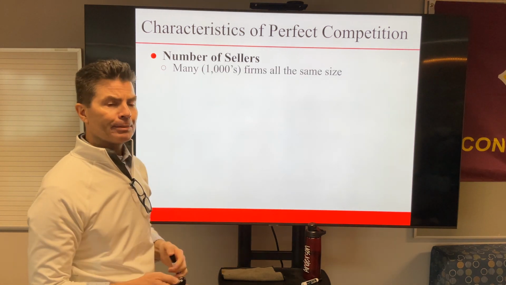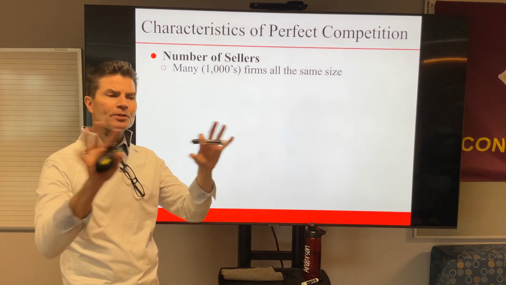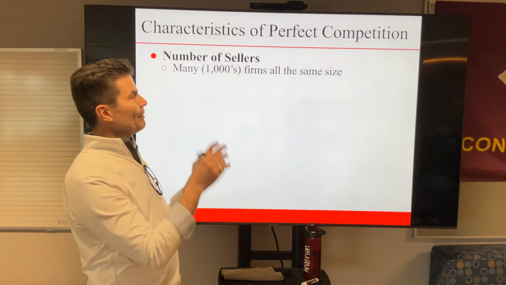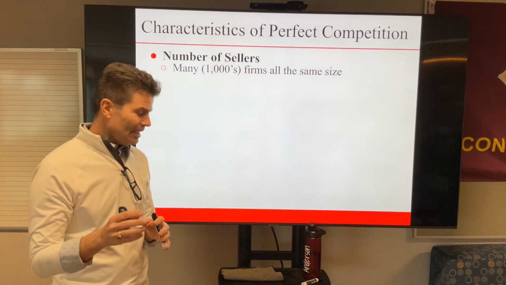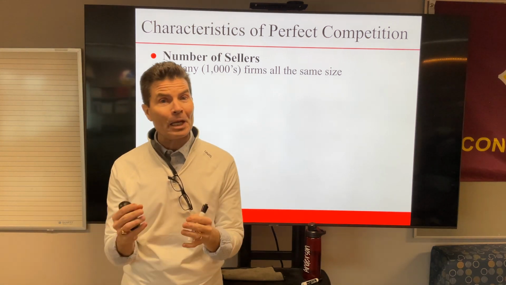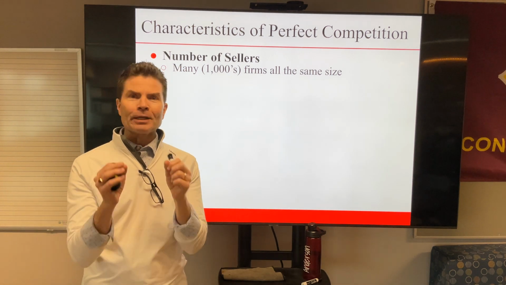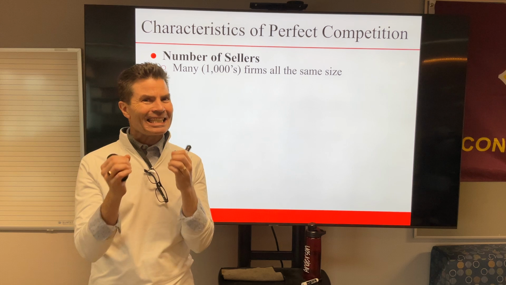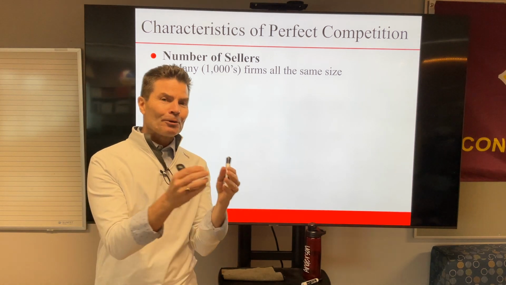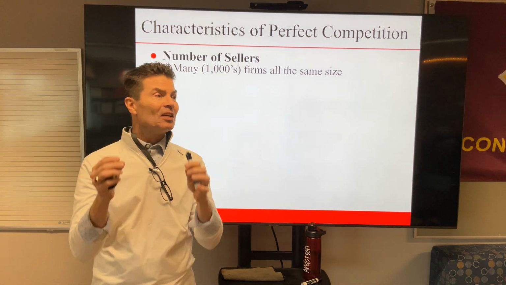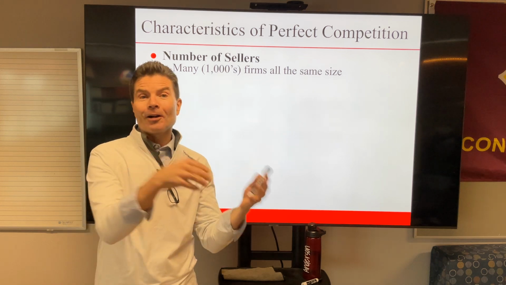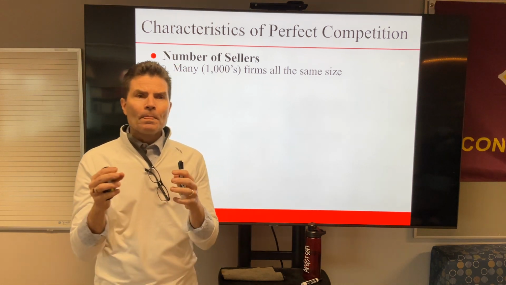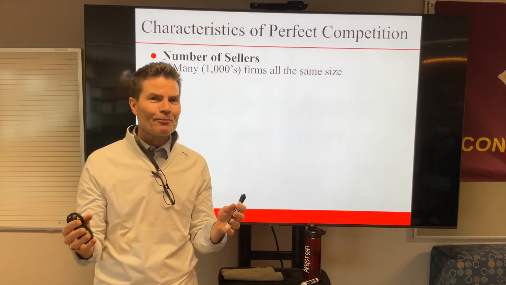So perfect competition. We have thousands of sellers that are all the same exact size. Now, before I get too far, here's what I really want to explain. Perfect competition doesn't really exist. In Chapter 14, pure monopolies don't really exist in the U.S., right? So you may ask, well, why are we spending time focusing on it?